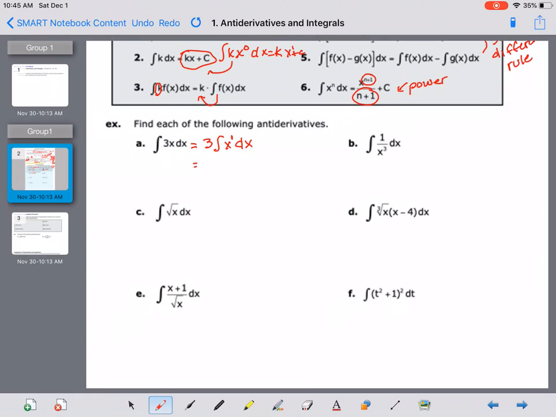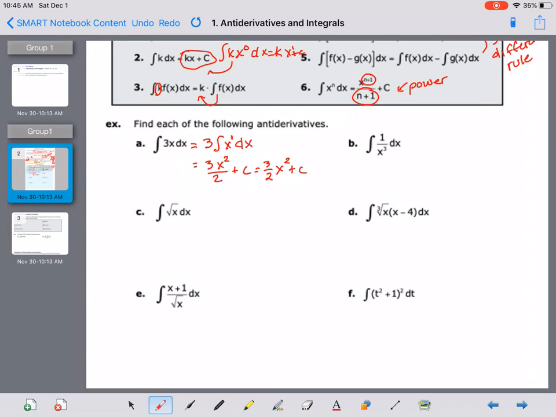The rule says, bringing down my coefficient, to add 1 to my exponent, so that becomes 2, and divide by that new exponent. And then add a plus c. We always want to do that. So if we simplify that, we get 3 halves x squared. Remember, I like my coefficients in front, plus c. We get something like that. Something simple.